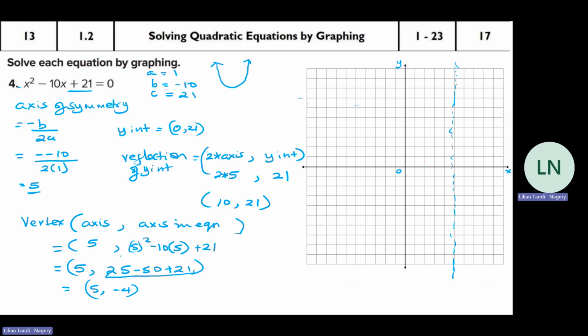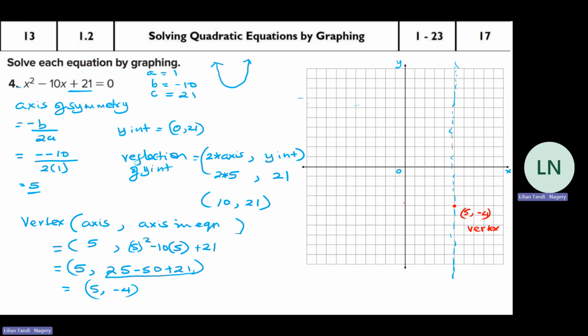Okay, so let me change my color. 5, -4, 1, 2, 3, 4. Okay, that is 5, -4, and that's your vertex.